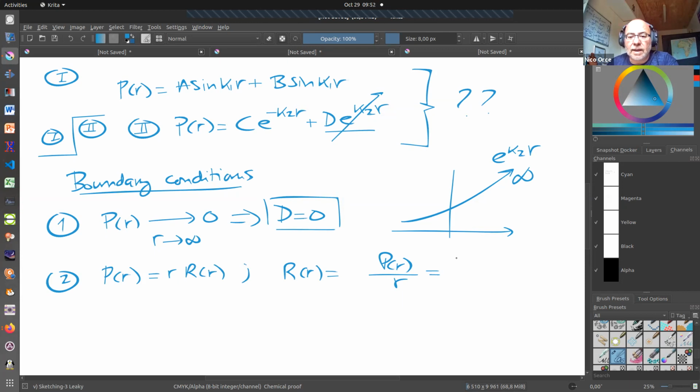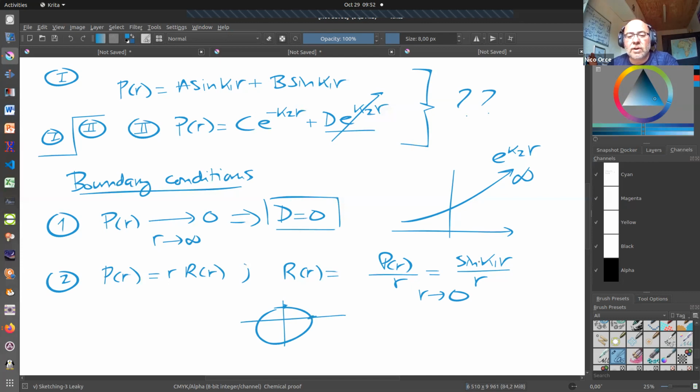We have the sine of K1r over r as r goes to 0. Remember, the sine is 1 at 90 degrees, and the cosine is 0, and cosine is 1 at 0 degrees.